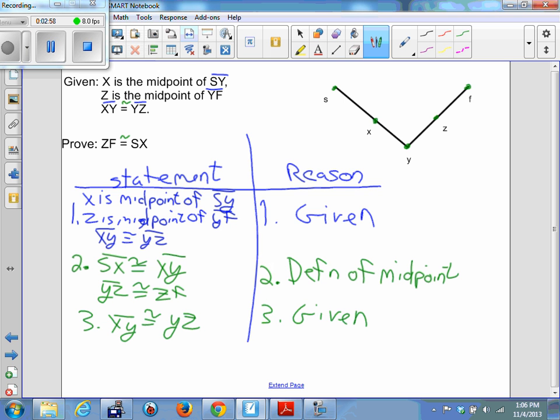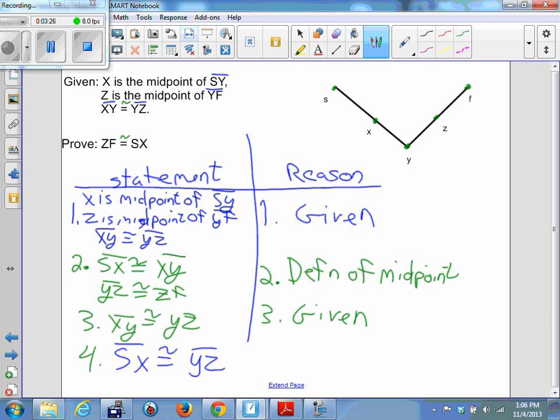Now that we pulled everything out that we can get, all the equations that we need, we are going to start building things. In this case, we're going to use the transitive property. So we have SX is congruent to YZ.